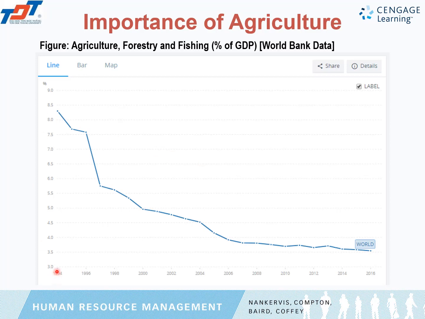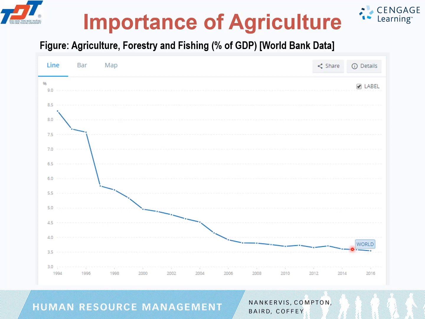So as you can see, in 1994, the percentage of the GDP brought by agriculture was almost 8.5%. Now, in 2016, the percentage of agriculture as part of GDP stood at only 3.5%.